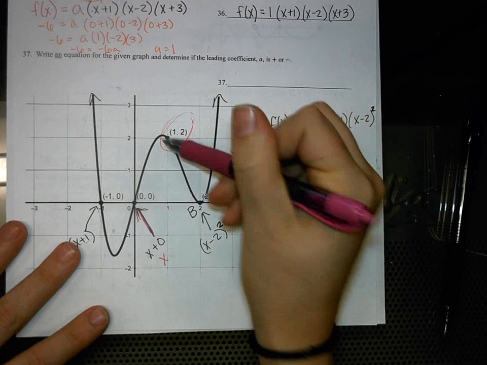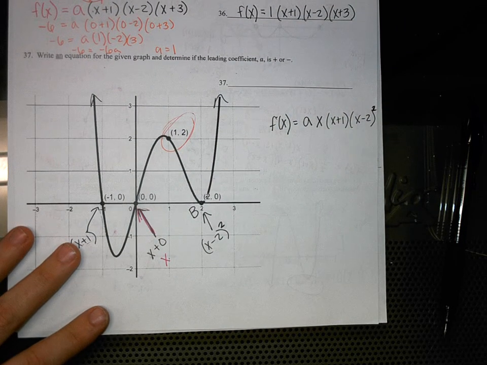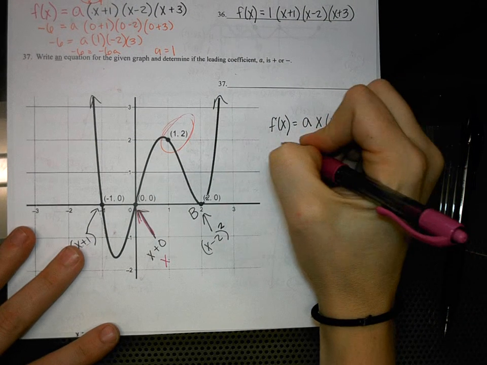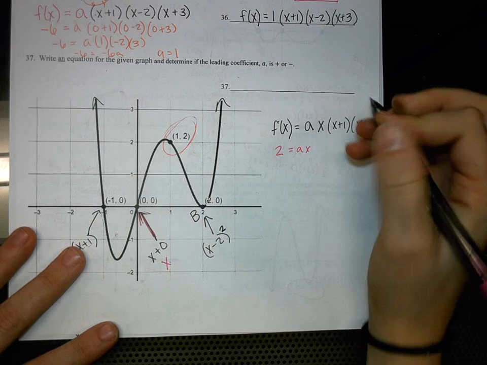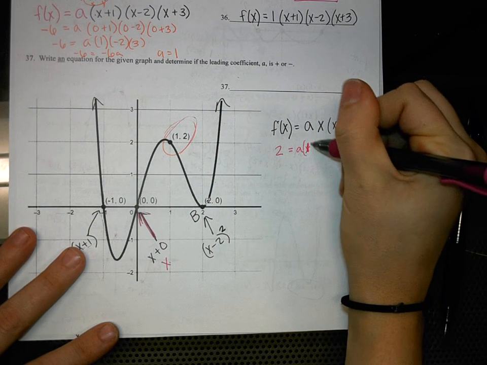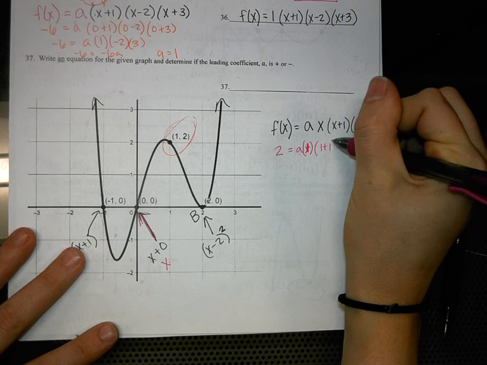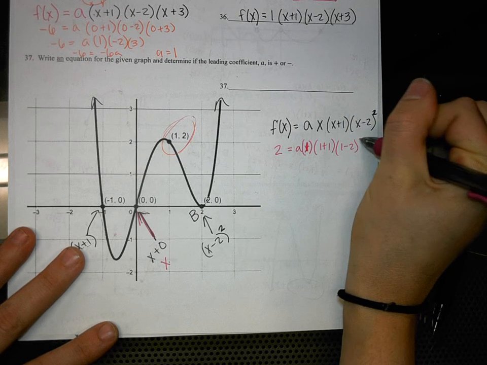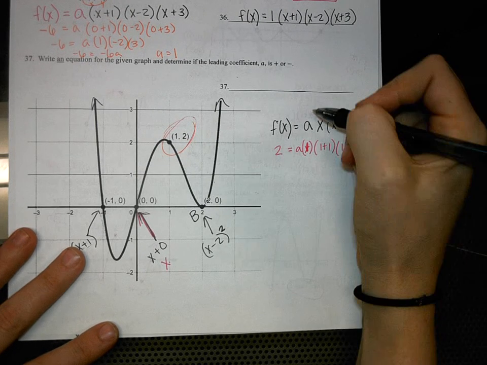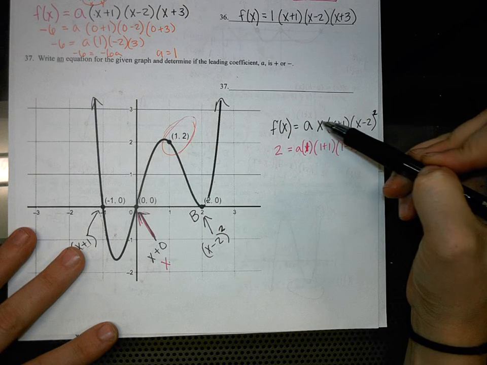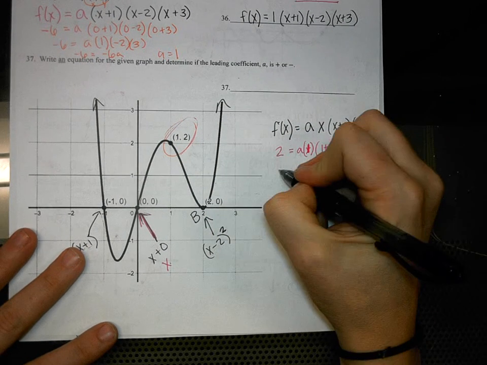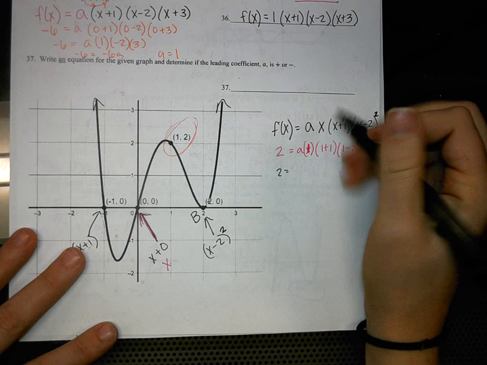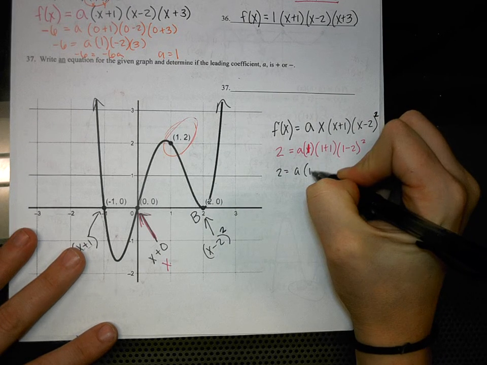So I plug in 2 for y, and I plug in 1 for x: 1 plus 1, 1 minus 2 squared. So I'm plugging in the 1 for x, and plugging in the 2 for y. That gives me a times 1 times 2 times negative 1 squared.